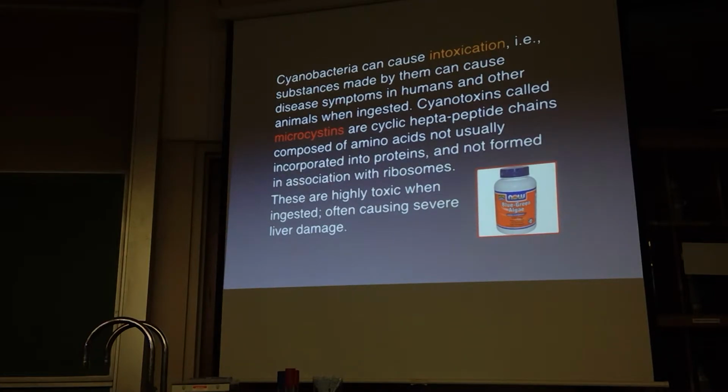Apparently the amino acids are put together not in association with ribosomes. So they make these microcystins, and they can cause severe liver damage, which I put that little bottle of blue-green algae on there just because I'm not sure which ones produce the microcystins that are hepatotoxins and can cause considerable damage. Are they the same ones that get packaged up and sold in the health food stores? I hope not, but I don't know.